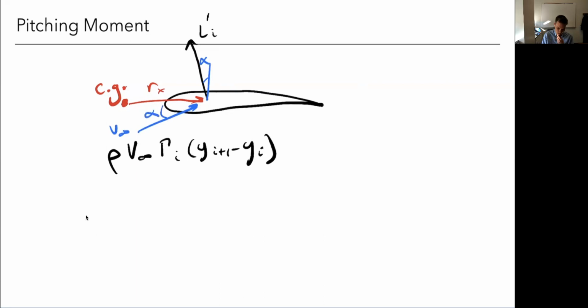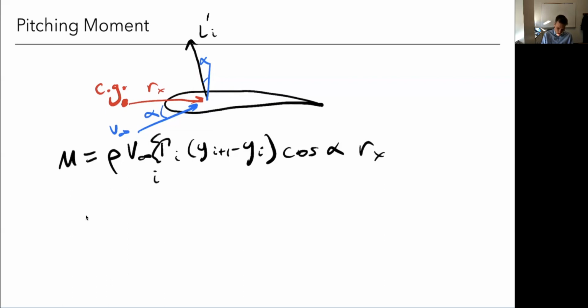This is my angle of attack. So that angle is the same as this. So when I do that cross product, it turns out that I need to include the cosine of alpha. It's the sine of the angle between them from the cross product, but that's the same as the cosine of this angle. And I need my moment arm, which is just Rx. So my moment is equal to this.